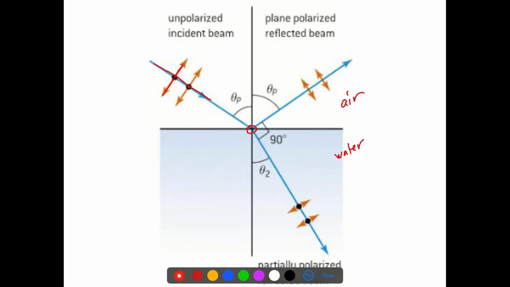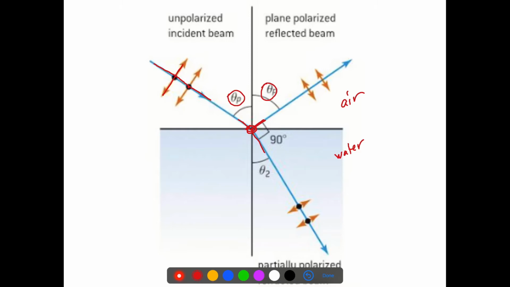So it bounces off of this surface, and two things are going to happen. One is that we're going to get some refraction, because we're going into a new surface. The light is moving slower, therefore it's going to move towards the normal. The other thing is that we are going to get some reflection. When the light reflects off the surface, obviously the angle of incidence has to equal the angle of reflection, so those are going to be the same.